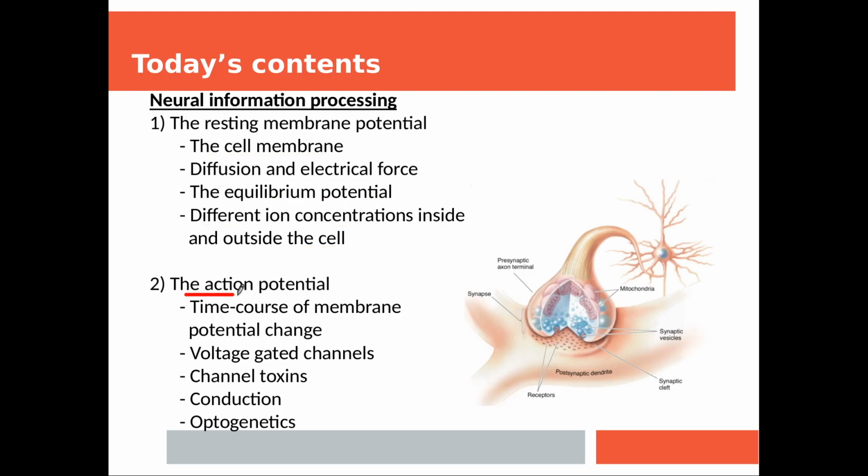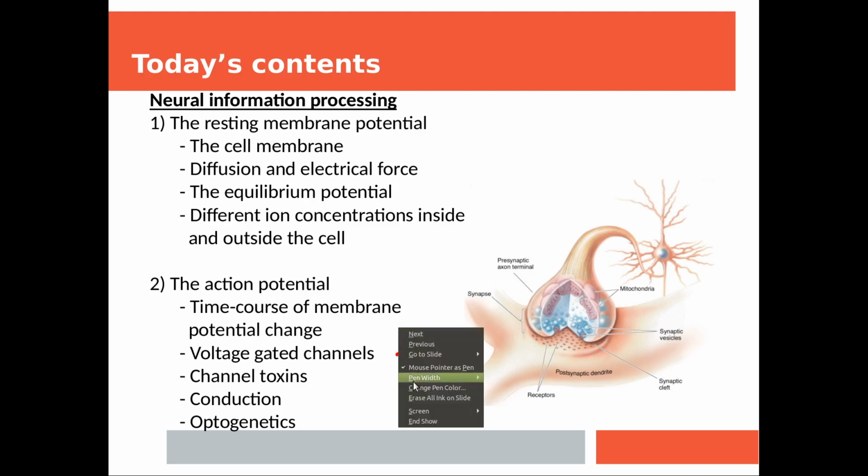Second, I'm going to cover action potentials, which is basically a very fast change in membrane potential. The way that action potentials work is that you have what are called voltage-gated channels, special channels that open or close when the voltage changes. So you get a kind of feedback loop where the membrane potential keeps rising or falling, and it feeds itself to keep going faster and faster.